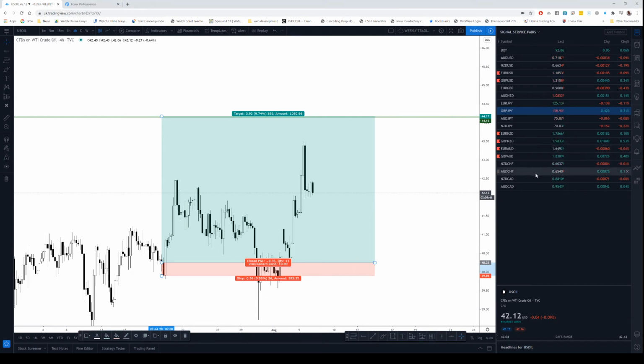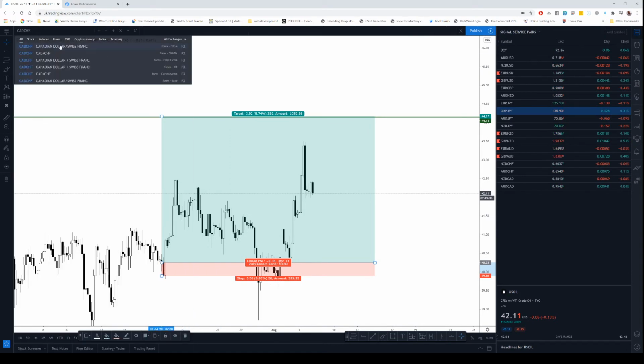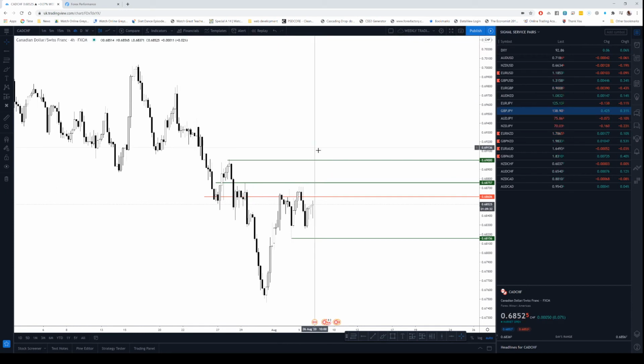CAD CHF. Okay, you can see I've taken it off. There's a reason. CAD CHF. Right. So if I apply what I've just taught you here, what would you think price is doing?